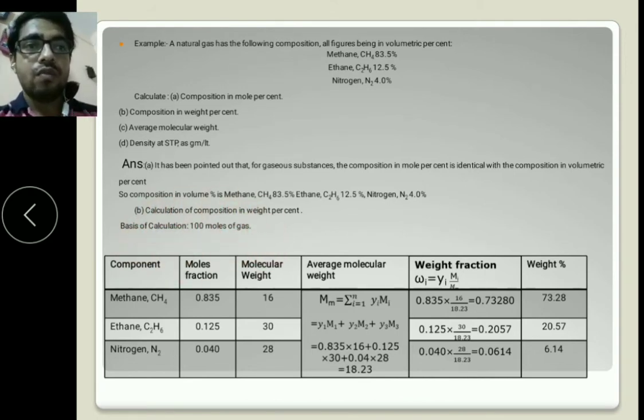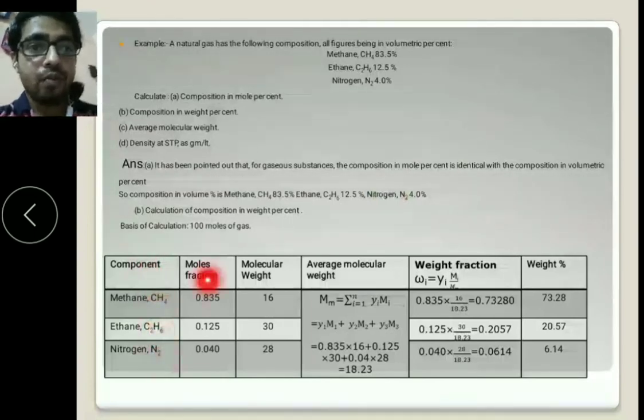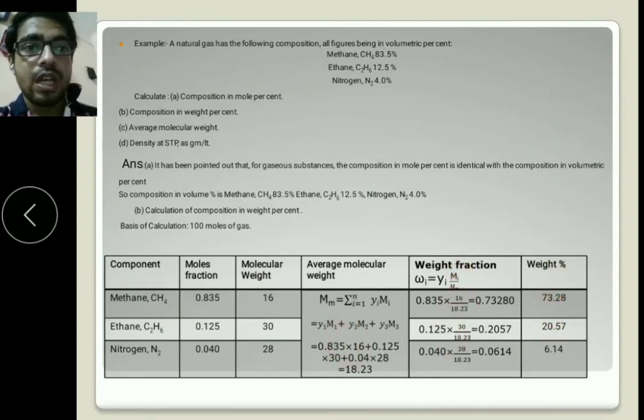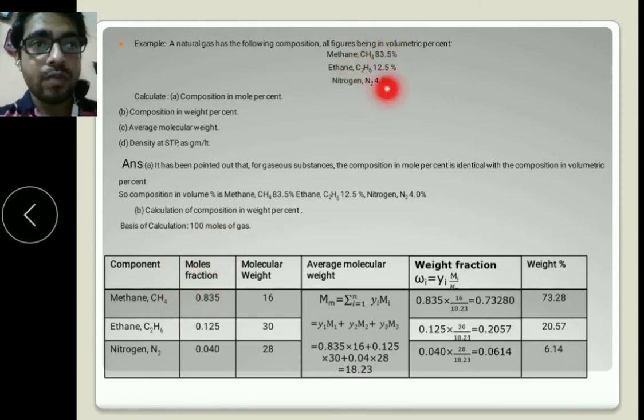Now the columns are: component, mole fraction, molecular weight, average molecular weight, weight fraction, weight percentage. The components are methane, ethane, nitrogen. Volume fraction equals mole fraction, so the mole fractions are 0.835, 0.125 and 0.040.